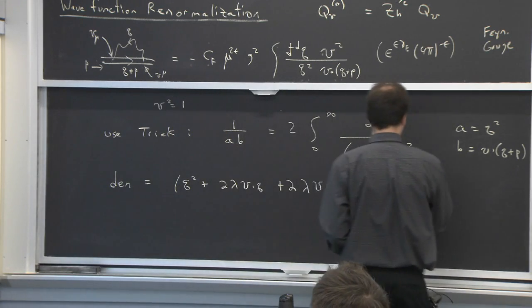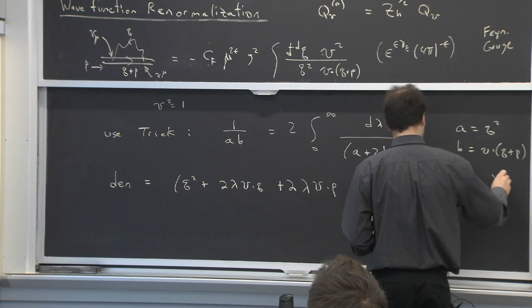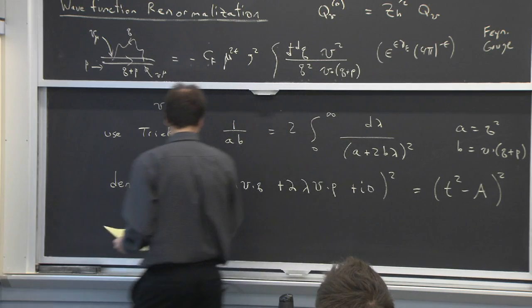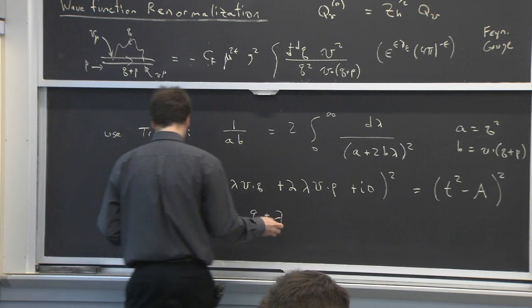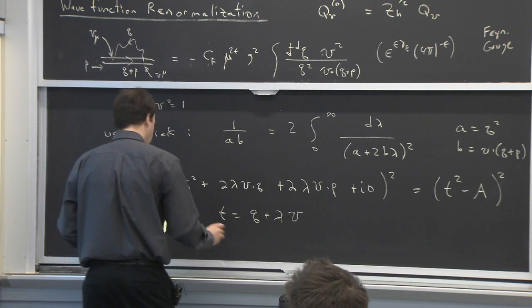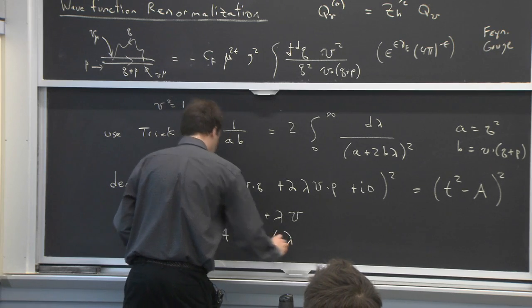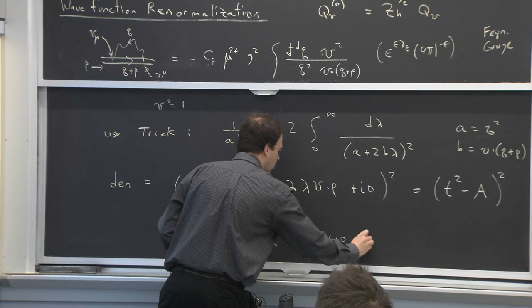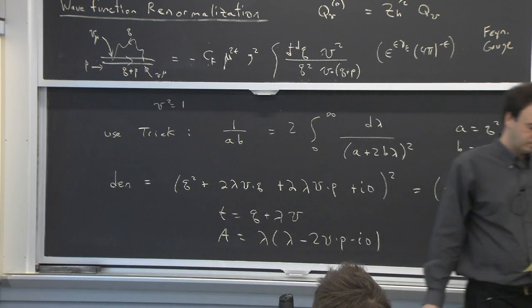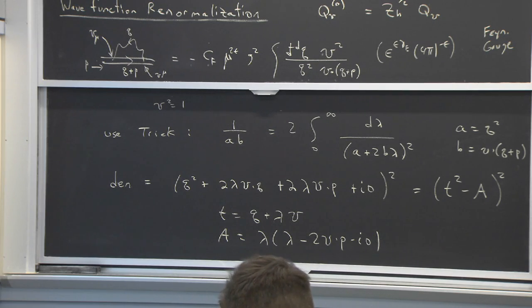And we can then complete the square and write this as some momentum squared minus whatever's left over, where t is q plus lambda v, and then a is the rest of the stuff, which is this. OK, so then this guy.